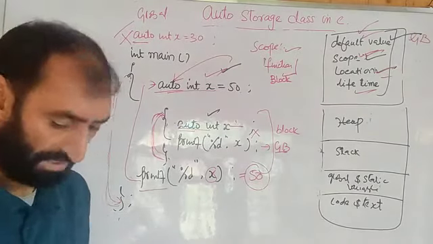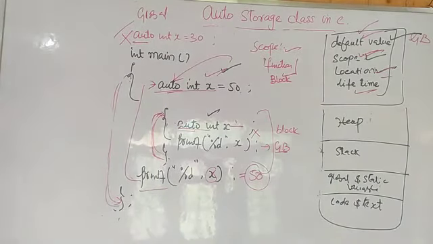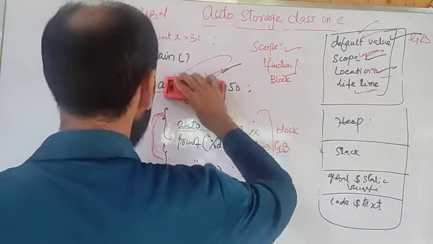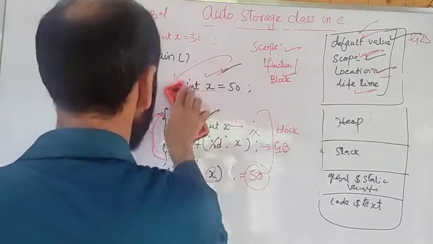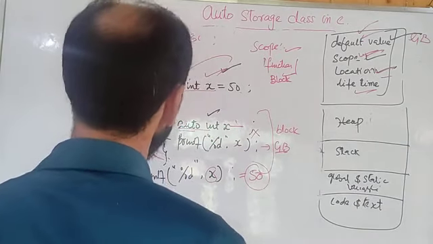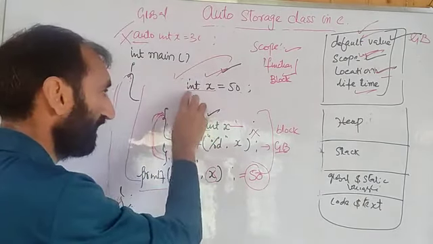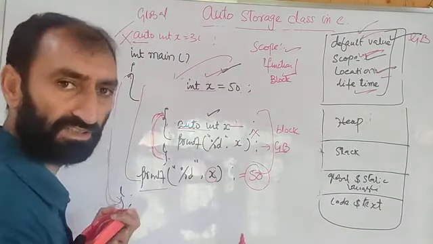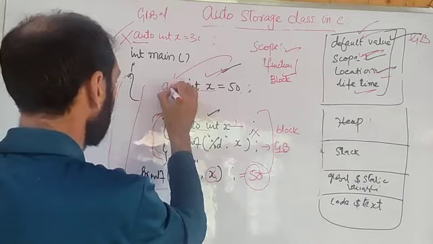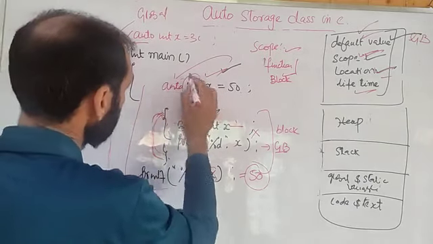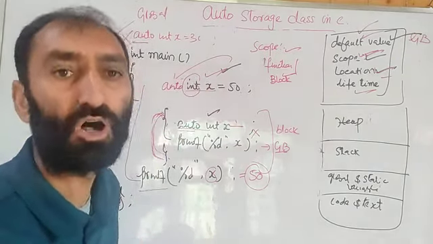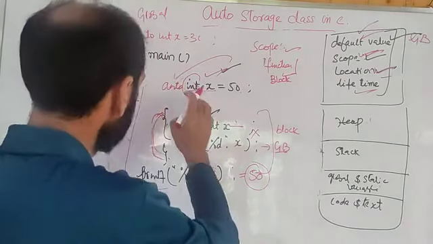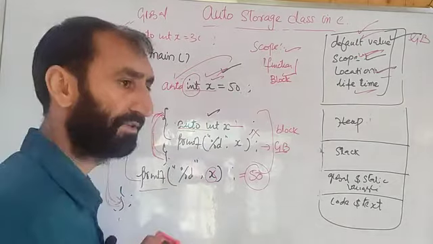Yes, one more point. If I don't specify any storage class here, and I have declared only int x equal to 50, by default the compiler associates it with auto. By default, the storage class of a variable is auto.